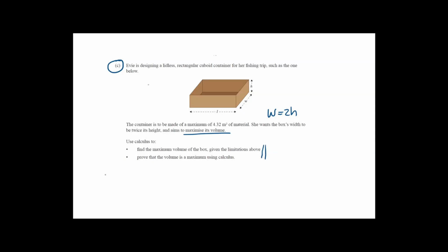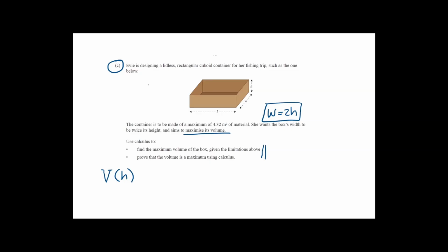Okay, so what we want to find is the volume of this box, and we want that as a variable of one of these things. I'm going to choose H. So my first job is to get rid of the W and the L and do that straight away, by exploiting things.